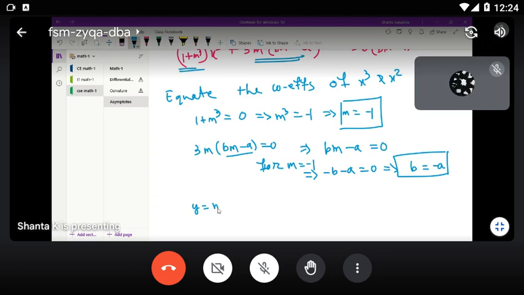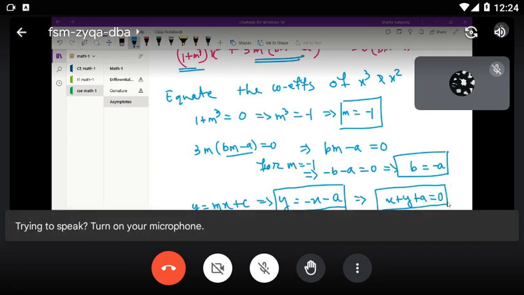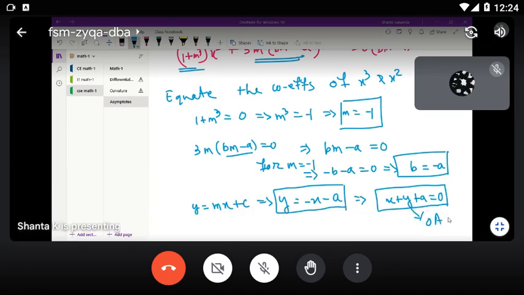So y equals to mx plus c, minus x minus a. So this is one asymptote. Or you can further write x plus y plus a equals to 0. So you see this is an oblique asymptote.